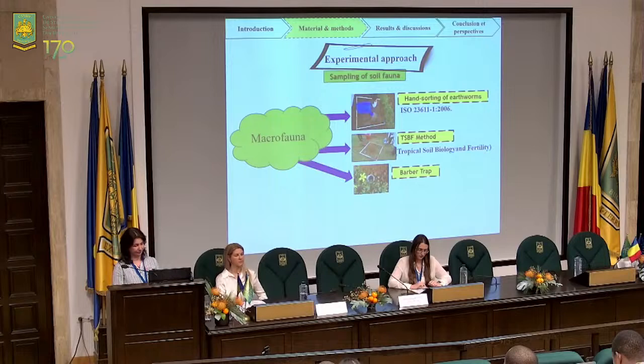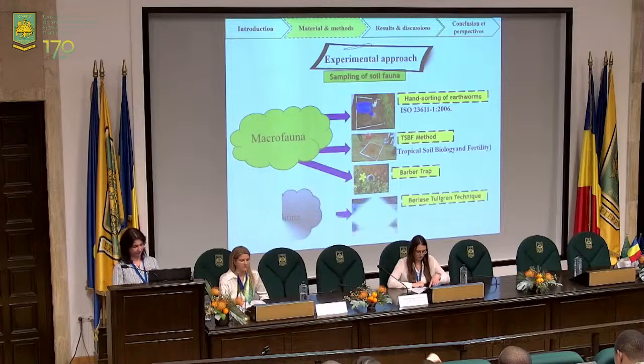And for the fauna samples, we chose an experimental approach of 3 techniques. The first technique was hand sorting of earthworms, the second was TSBF, and the third was the Barber trap. Next.